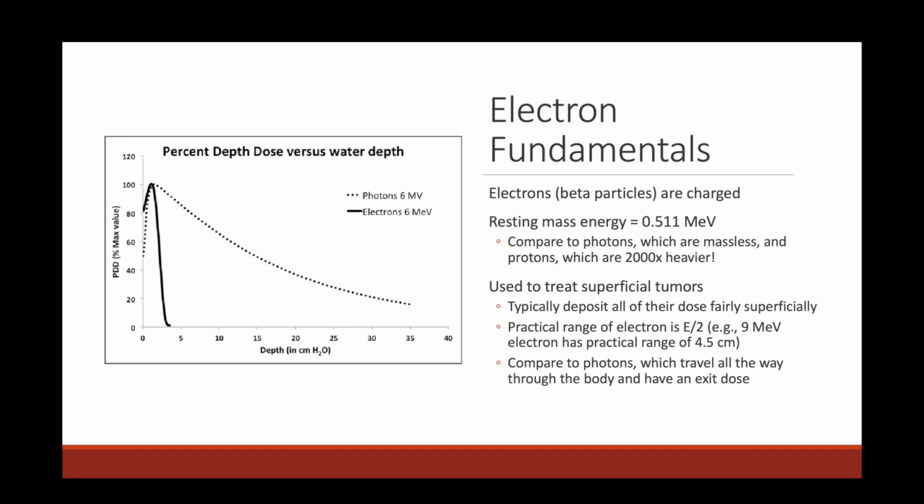The therapeutic dose window is much narrower than even that 4.5 centimeters. So electrons deposit most of their dose extremely superficially, and that's why they're used to treat very superficial targets such as skin cancers. And again, this is very much in contrast to photons, which are massless and travel all the way through the body and have an exit dose.